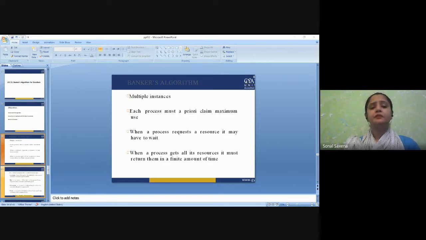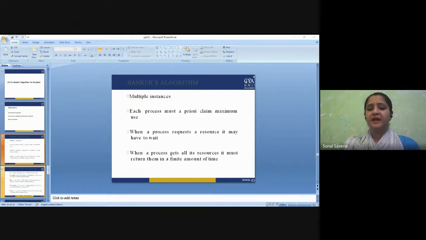Now, the second thing your algorithm should know is how much of each resource each process is currently holding. My process needs a maximum of 5 resources of A1, but let us assume that right now the total number of allocated resources of A1 to my process is 3.